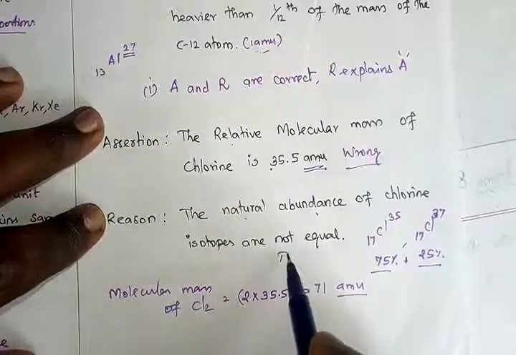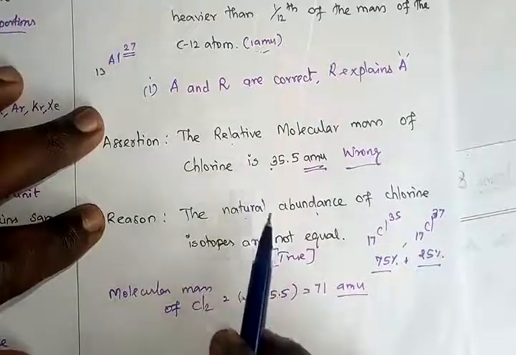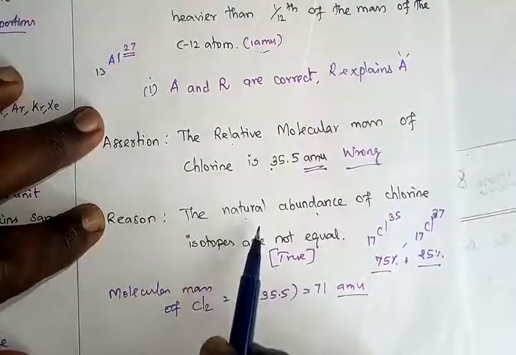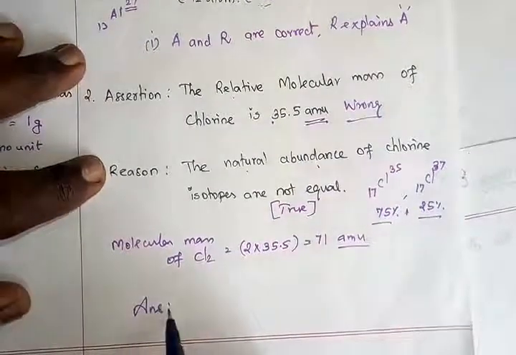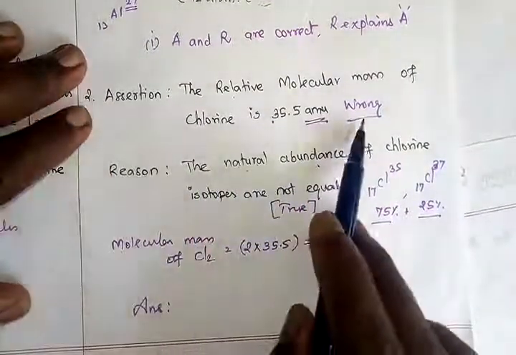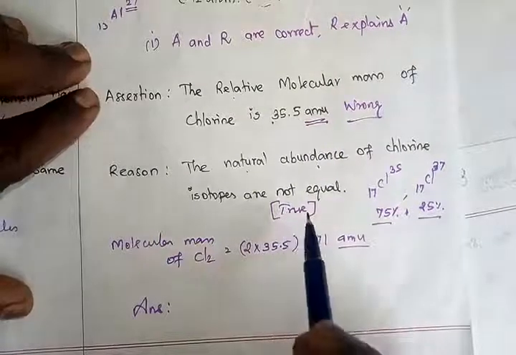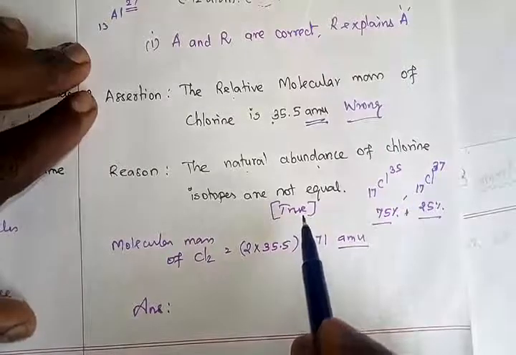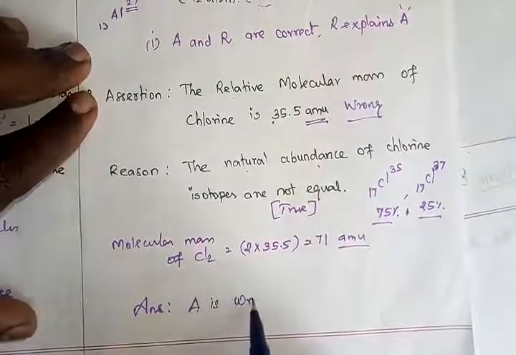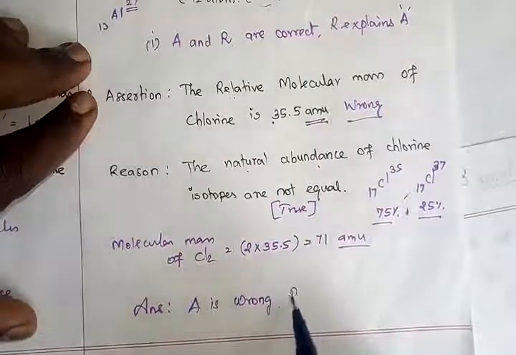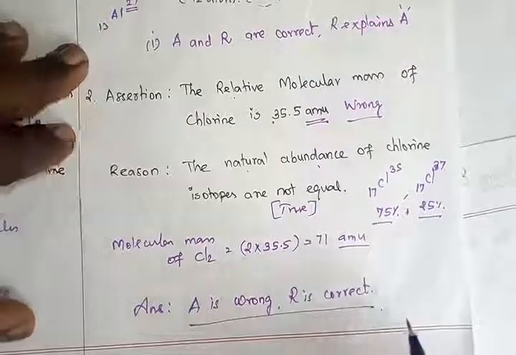So this statement is true. But do you think there is any relation between these two terms? No. So for this question, assertion is wrong, reason is correct, but R does not explain A. Remember. So which is the right option? As I said, A is wrong. Third one, A is wrong and R is correct. So this is the option for this question.